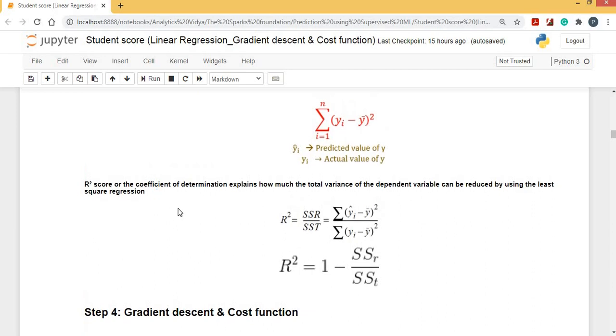After this, there is a terminology called R square, also called the coefficient of determination. It explains how much the total variance of the dependent variable can be reduced by using the least square regression. So what is R square? R square is the ratio of SSR upon SST.